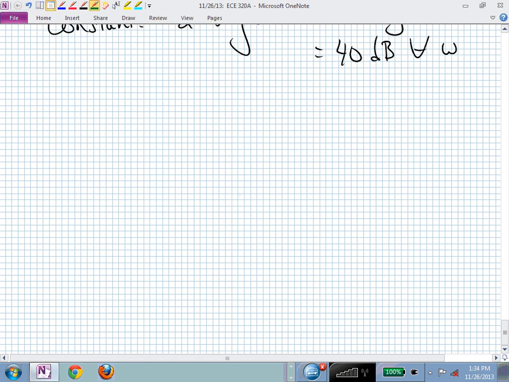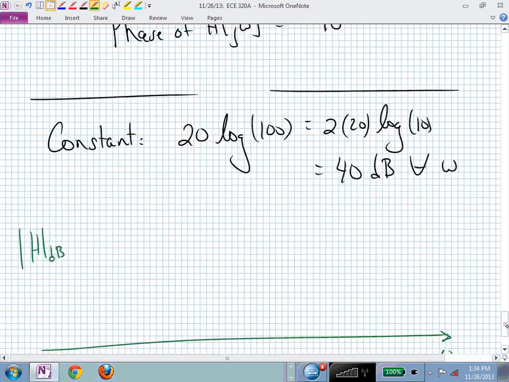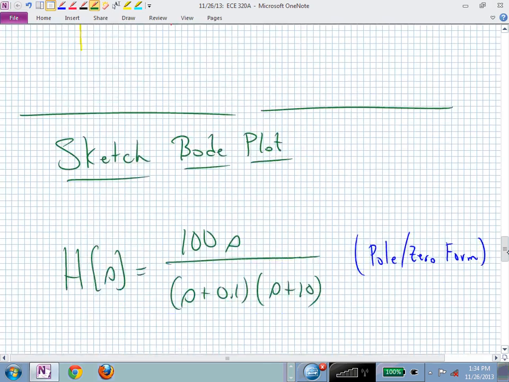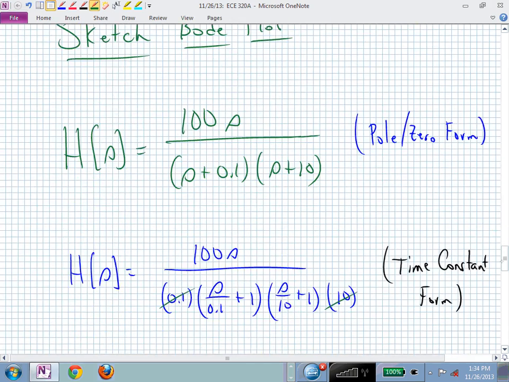And if I'm sketching this, and I go over to the bookstore, what log paper or what labels am I going to put on my log paper? What's my smallest frequency? A decade before 0.1, right, at least.